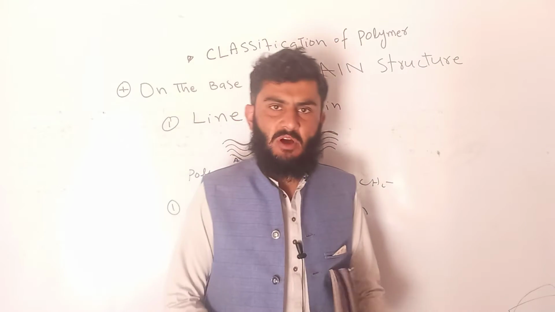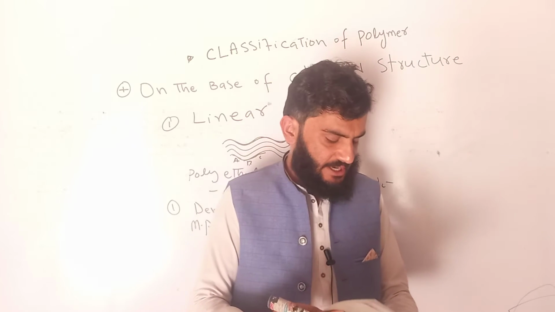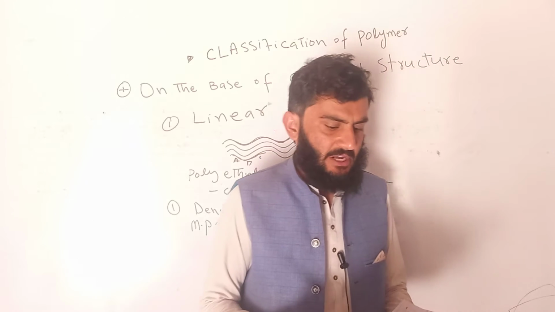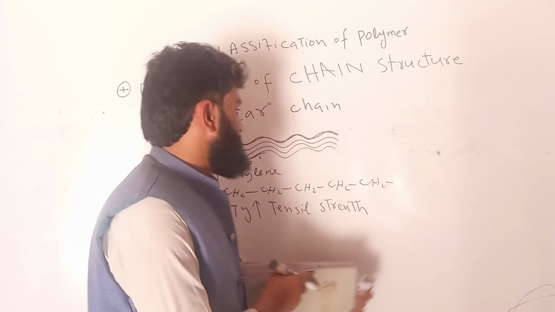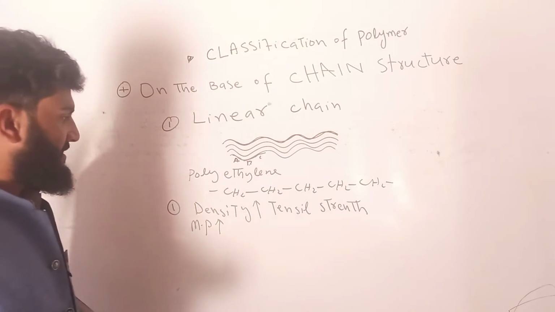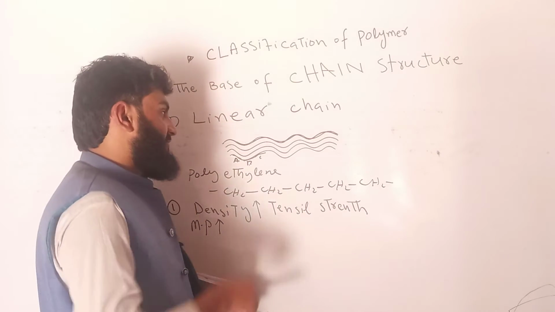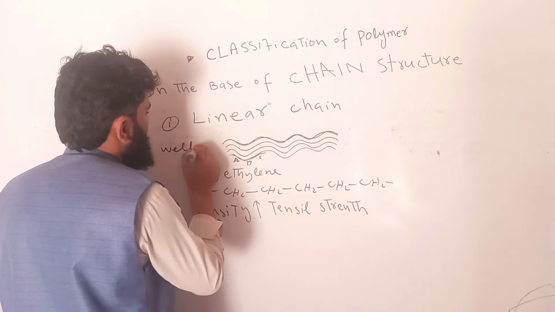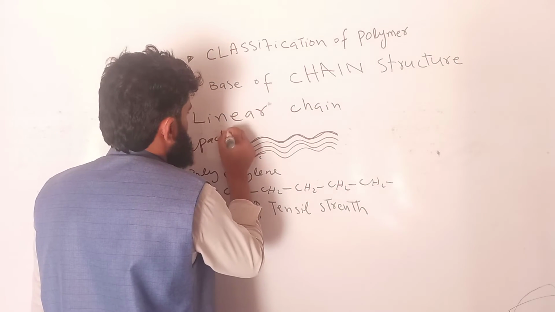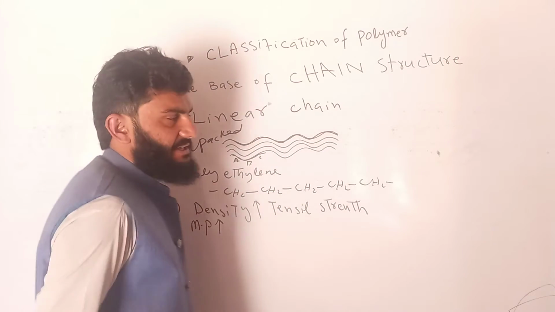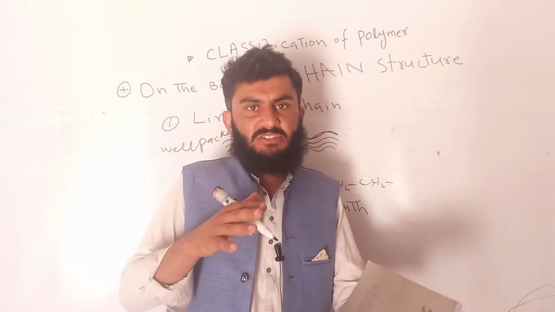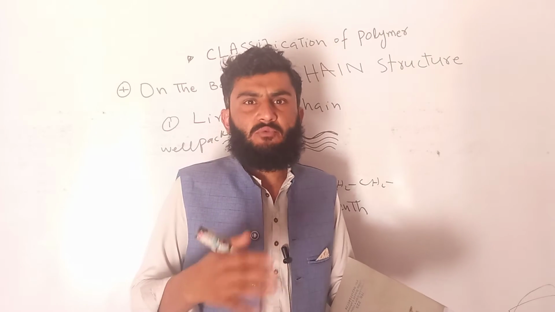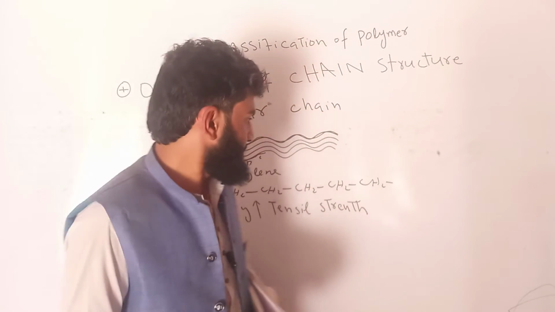So these are some properties of linear chain polymer. Their density is high because they are well packed. Well packed polymers, clear? Here the polymer chains are arranged with respect to each other in a very good manner, clear?